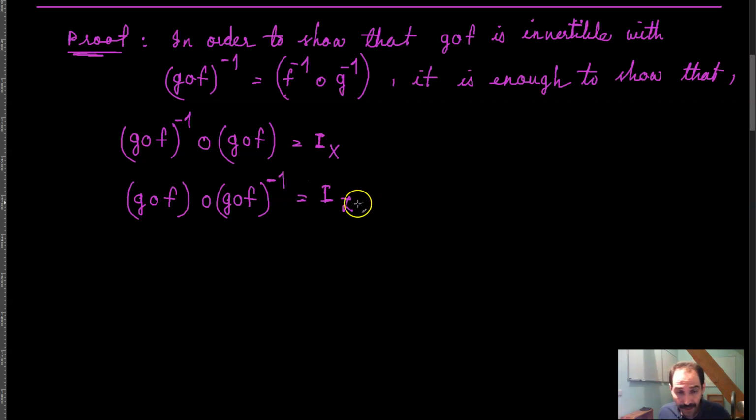So in order to do that, you can say that F inverse composed with G inverse, composed with GOF, gives I of X, I of Z.